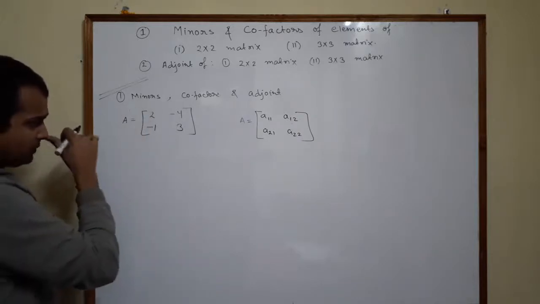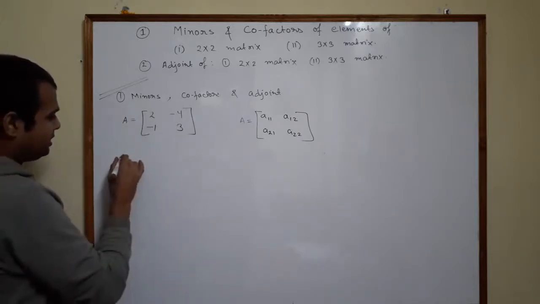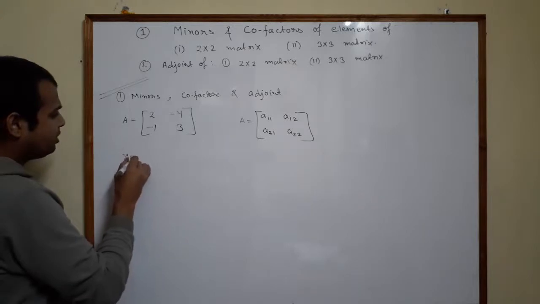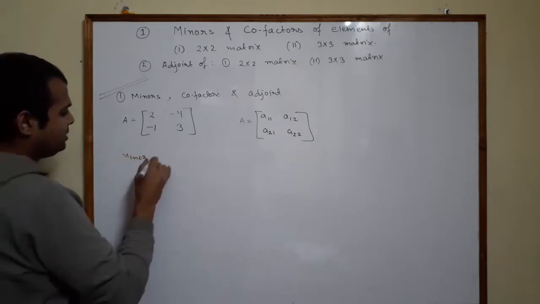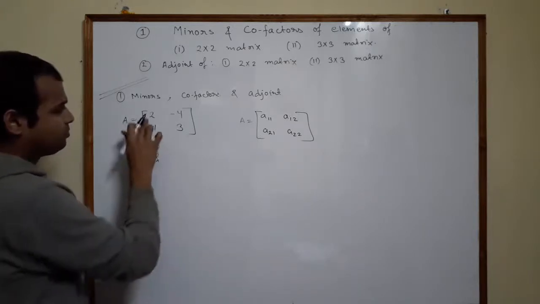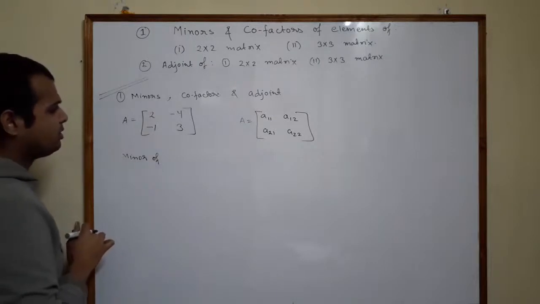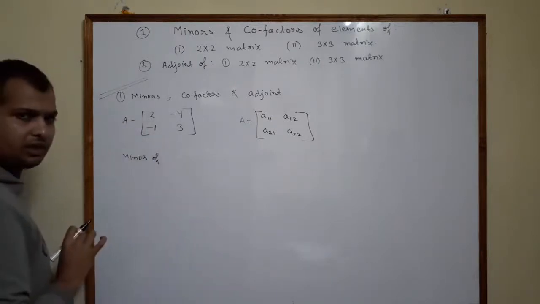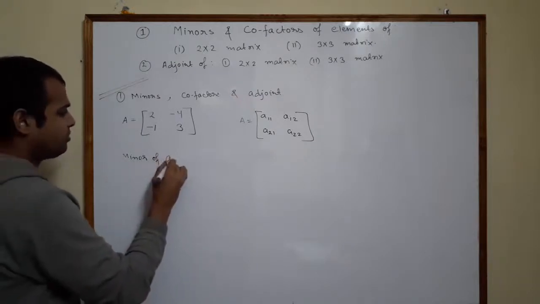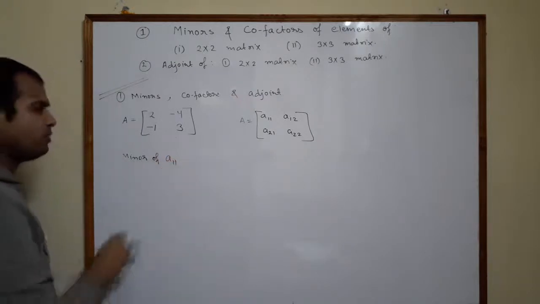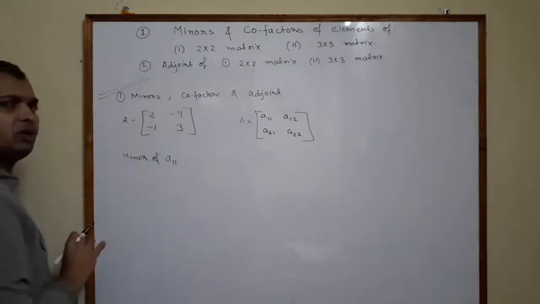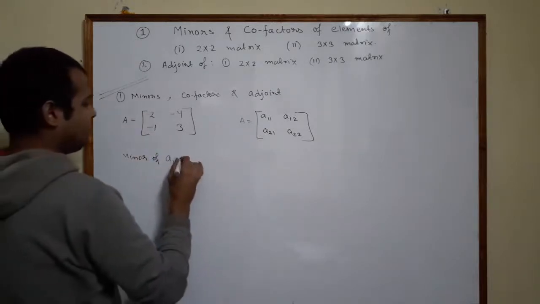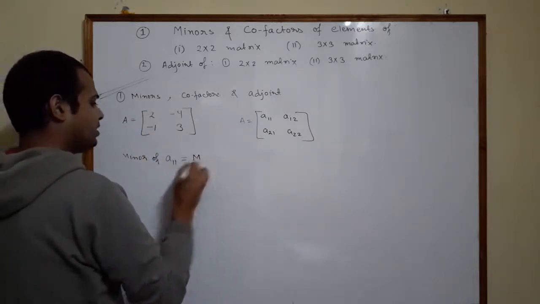We will write the minor of this 2, but instead of writing 2, we'll write it in general. So the minor of A11, because this element is at 1 comma 1 position, will be equal to capital M11.